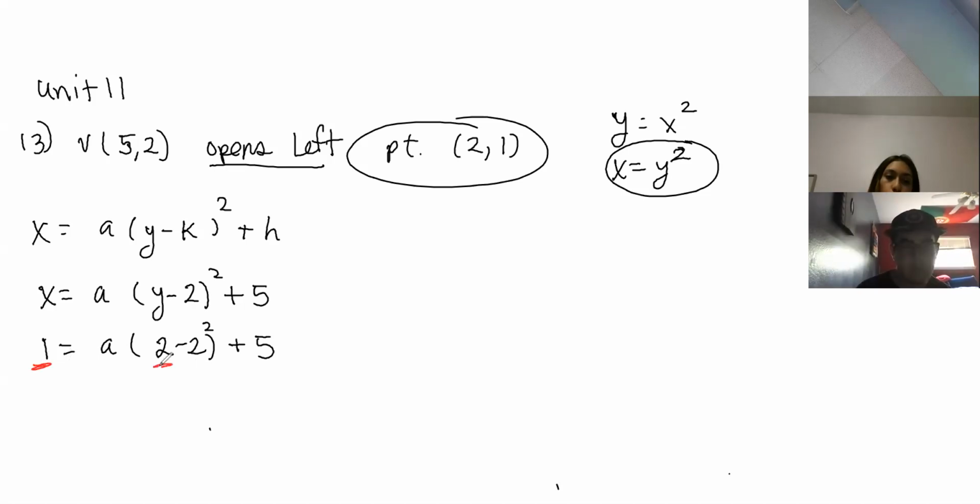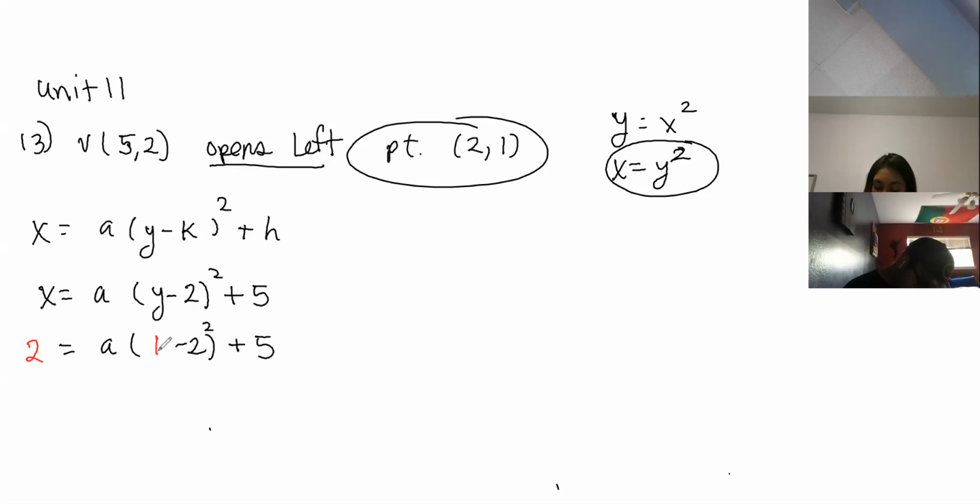Oh, you put the 1 in. What should x be? X should not be 1. It should be 2. And right here, instead of that 2, what should that be? 1.